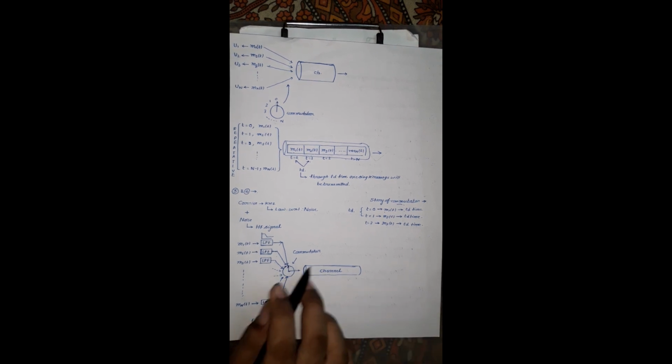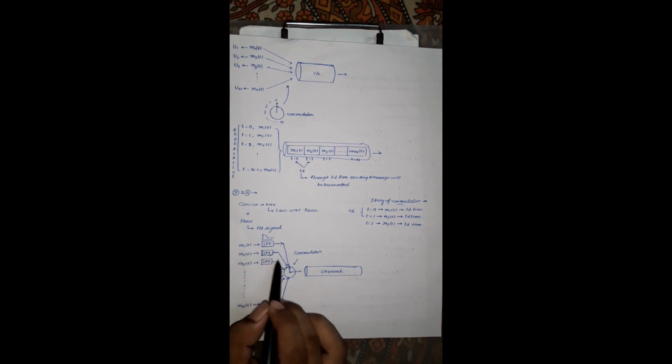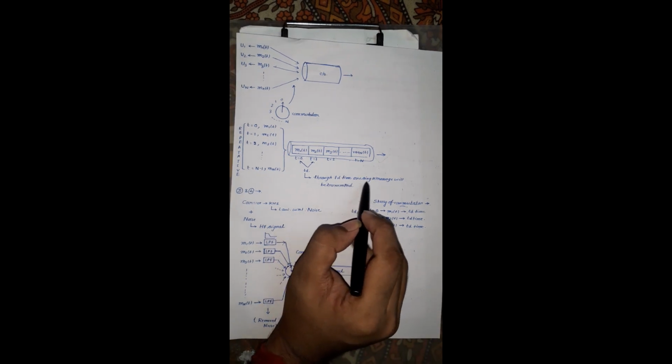During that delay only one single message will be transmitted. That is also written over here: throughout the TD time only one single message will be transmitted through a single channel.